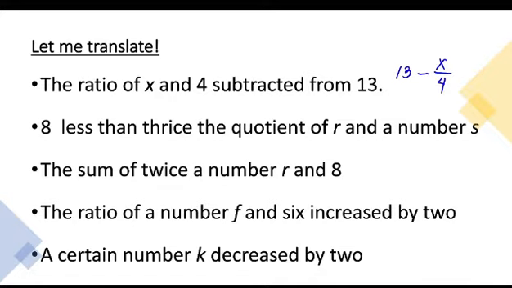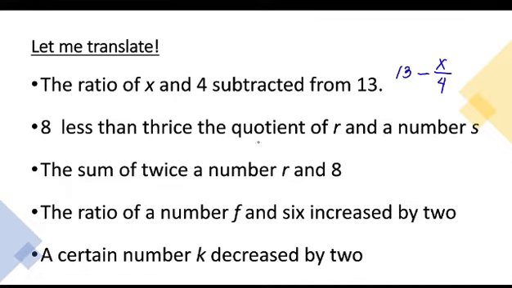Let's have the next one. 8 less than thrice the quotient of r and a number s. So we're talking here about the quotient of r and s, which is 8 less than thrice.